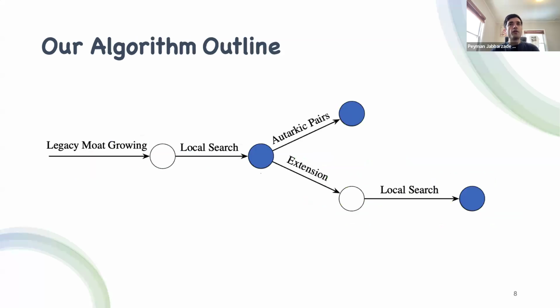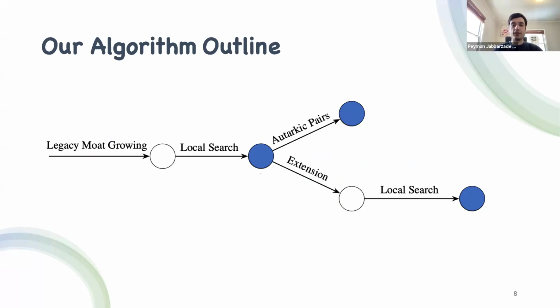And let's see the overview of our algorithm. So we start with the legacy Goemans-Williamson algorithm, which is a name we gave to the two approximation algorithm. And then we run a local search, and the solution we get here has a 1.94 approximation value for Steiner tree.